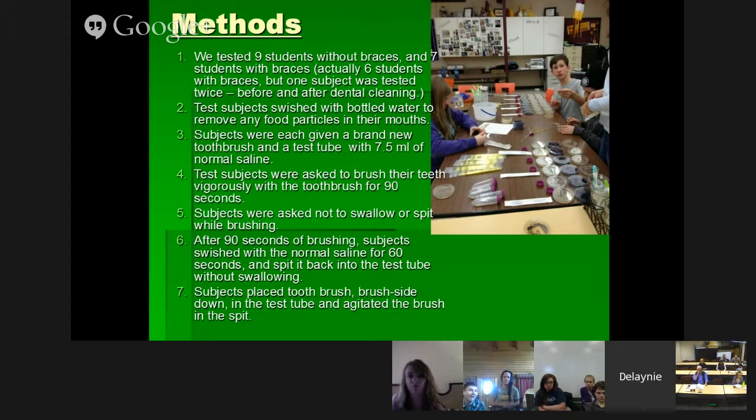After they finished brushing, they swished with normal saline for a minute and spit it back into the test tube without swallowing. They then placed the toothbrush brush side down in the test tube and agitated the brush in the spit so that we could get any extra bacteria from the toothbrush into the normal saline.